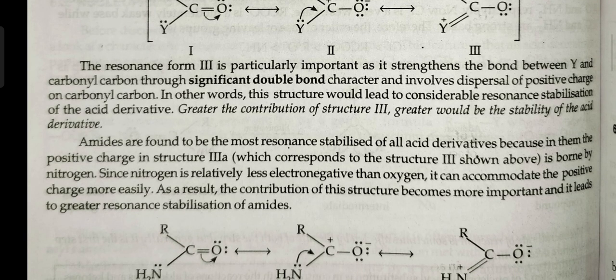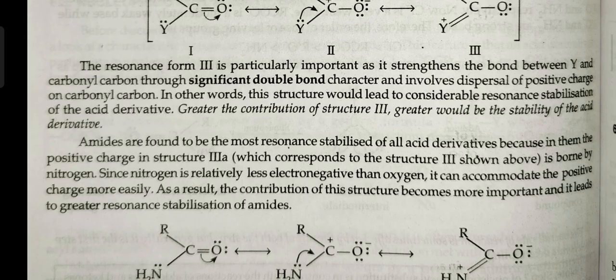Amides are found to be the most resonance stabilized of all acid derivatives because in them the positive charge in structure 3A, which corresponds to structure 3 shown above, is borne by nitrogen. Since nitrogen is less electronegative than oxygen, it can accommodate the positive charge more easily.